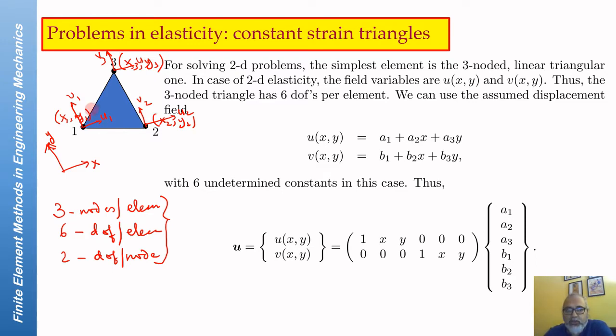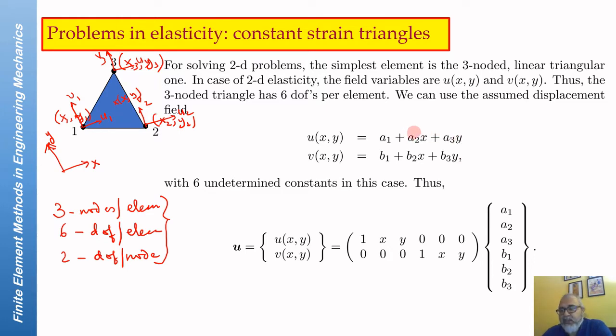Now that there are 2 displacements, u and v, u at any point x, y inside the element is given by a1 plus a2 x plus a3 y, and v at the same point inside the element is given by b1 plus b2 x plus b3 y.